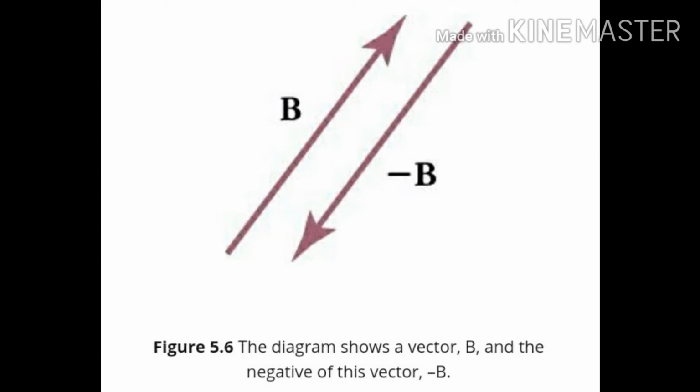Subtracting the vector b from the vector a, which is written as a minus b, is the same as a plus minus b. Since it does not matter in what order vectors are added, a minus b is also equal to minus b plus a. This is true for scalars as well as vectors. For example, 5 minus 2 is equal to 5 plus minus 2, which is minus 2 plus 5.